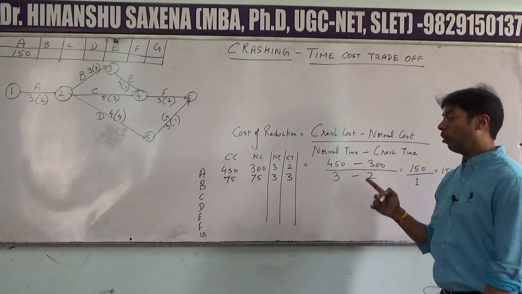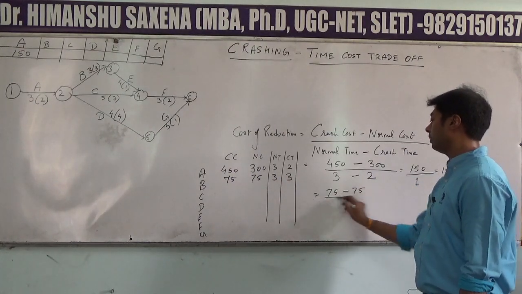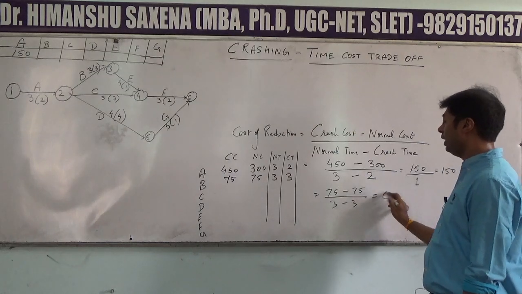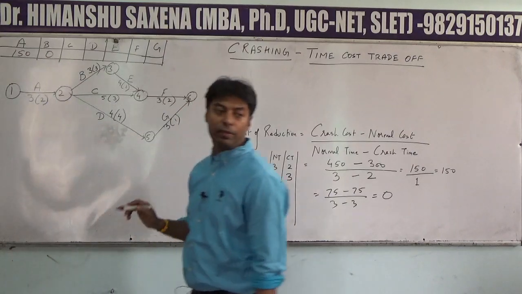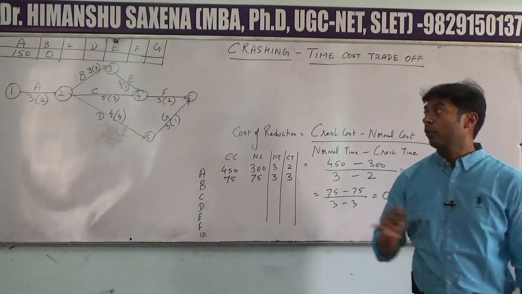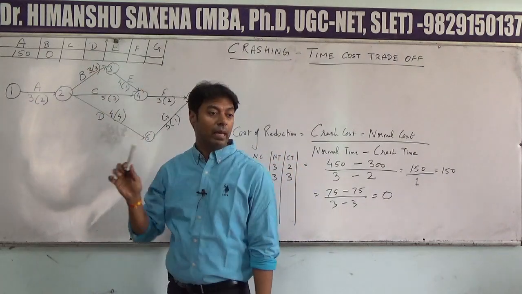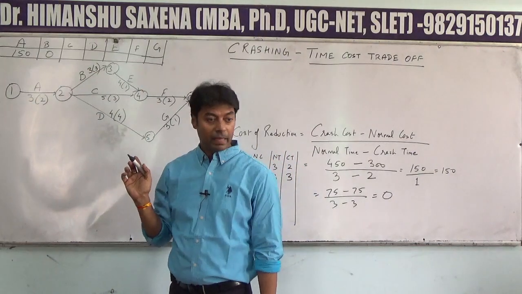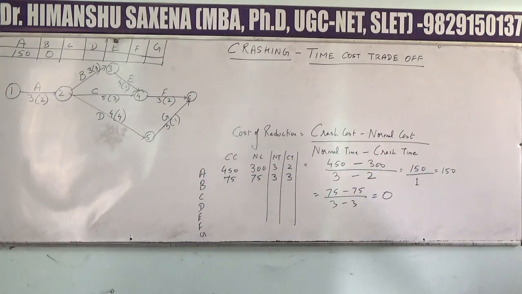Now when we place all these values in our formula, we will get the cost of reduction as simply equal to 0. So for activity B, the cost of reduction will be equal to 0. Now can you calculate the cost of reduction of C, D, E, F, G by applying the same formula? Please try to calculate it, then we will check all the values.